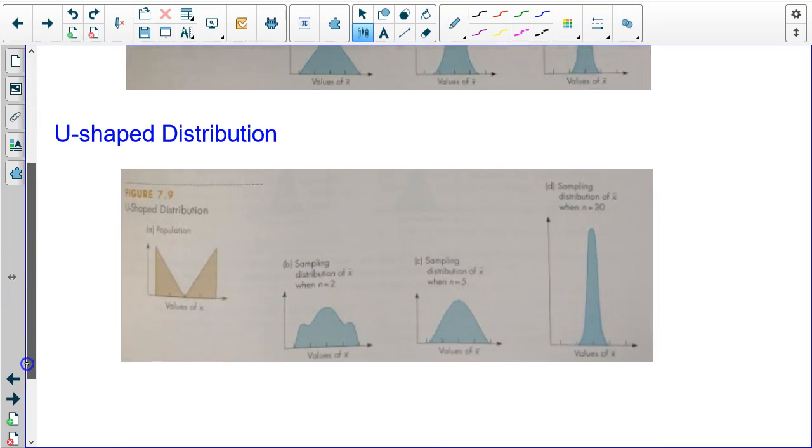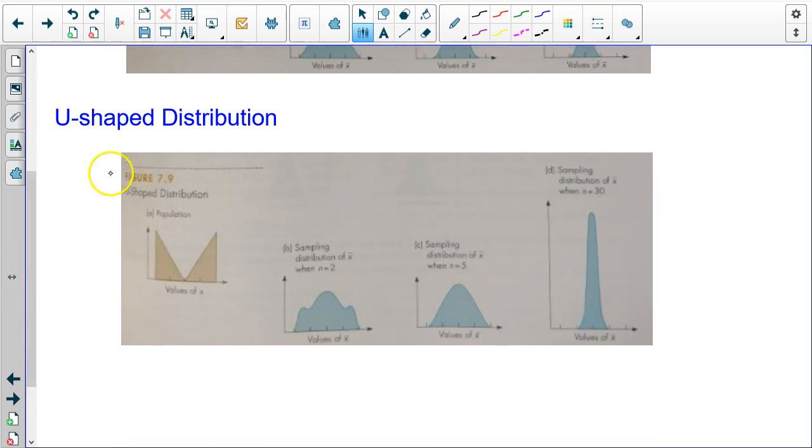If the parent distribution is U-shaped, that looks really weird, doesn't it? It's definitely not normal. So if you take samples of size 2, this is clearly not normal for my distribution of the means, right? If I take the distribution of X bar when the sample size is 5, it's starting to get there. But again, when we take it of 30, it looks even more normal, right?